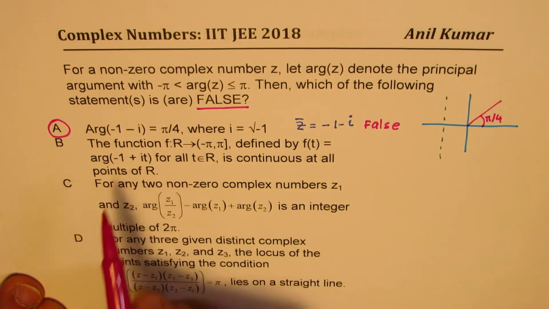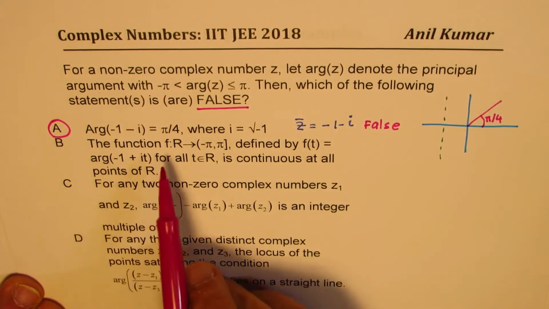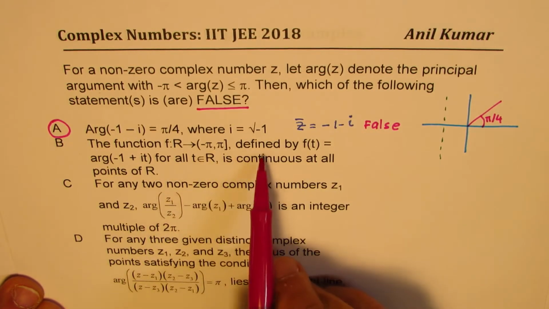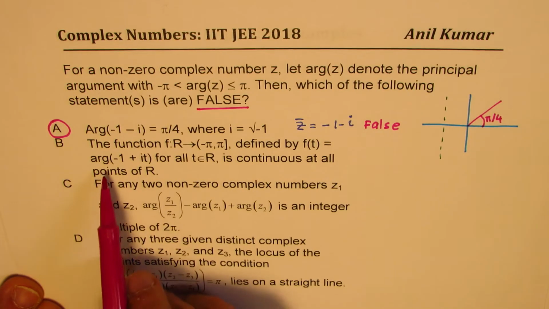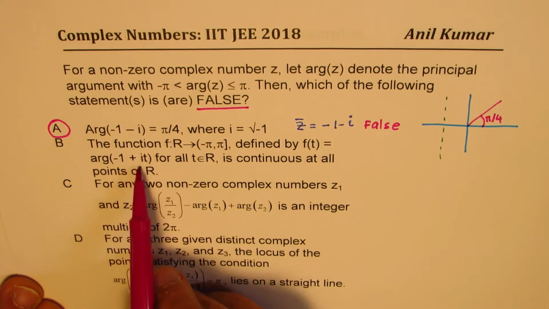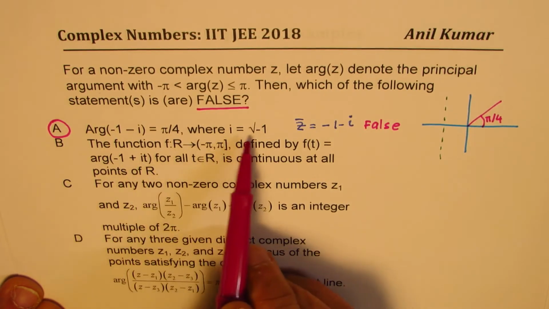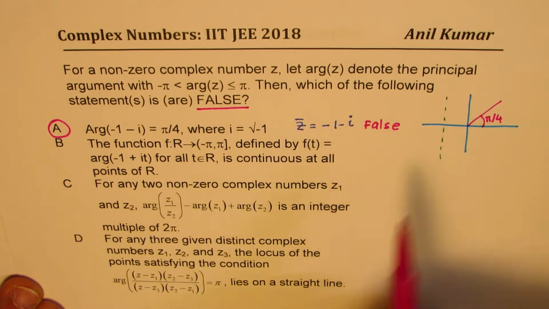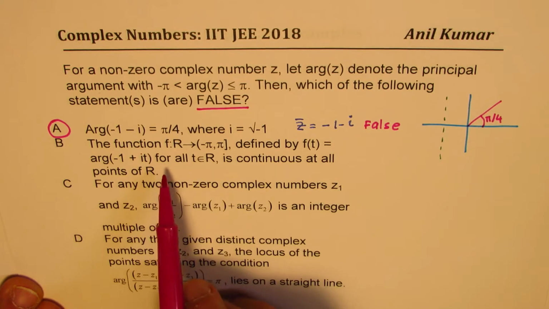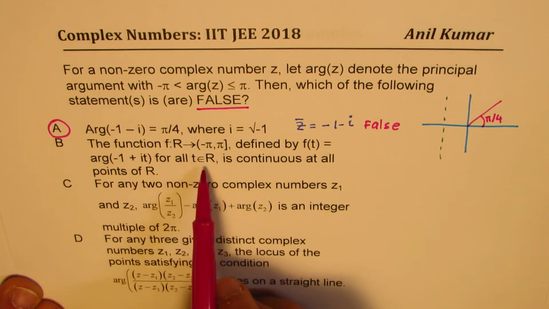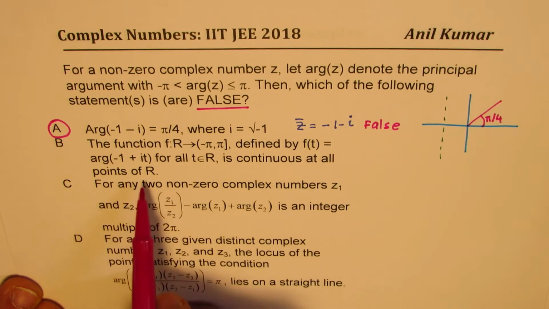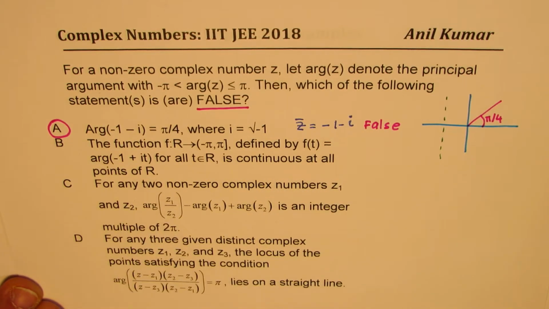The second question here is, the function f from R, with t between minus pi to pi, defined by f of t equals argument of minus 1 plus it, where i is square root of minus 1. So it is a complex number, and we are talking about a polar plane. Now, for all t belonging to R, is it continuous at all points of R? So here we have to check continuity.